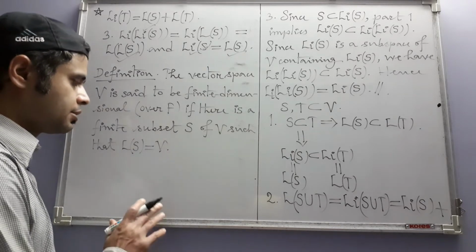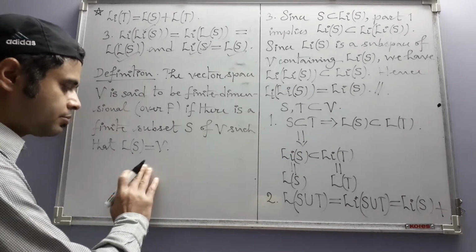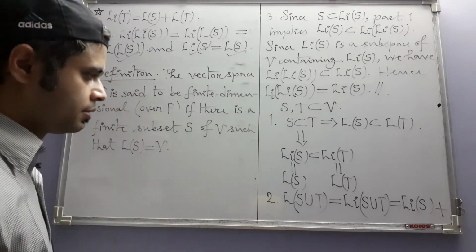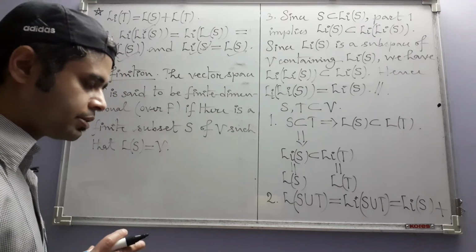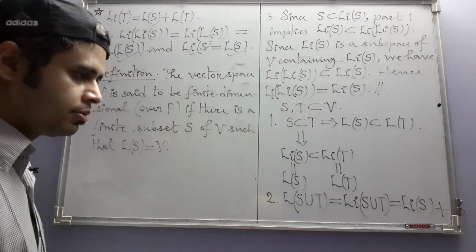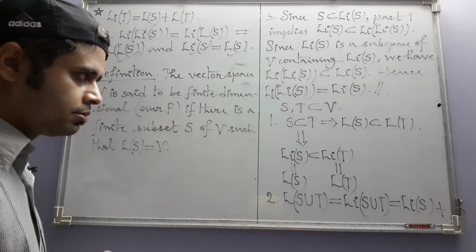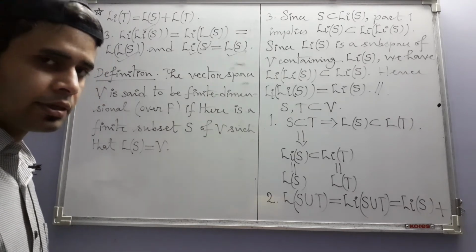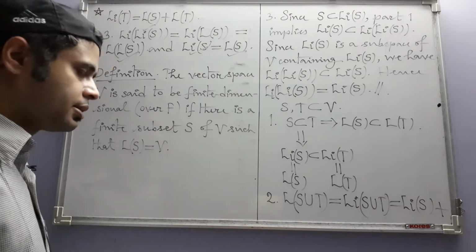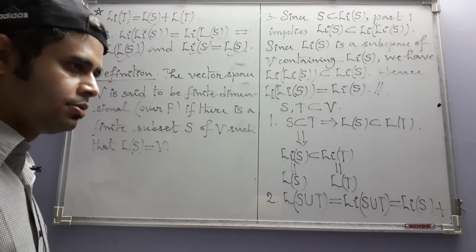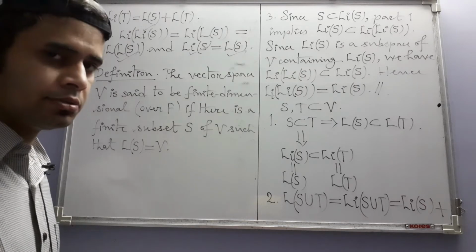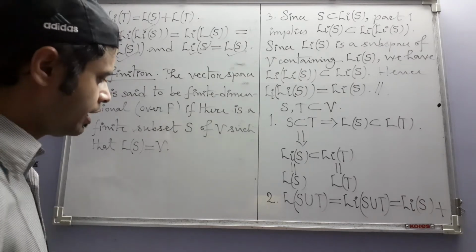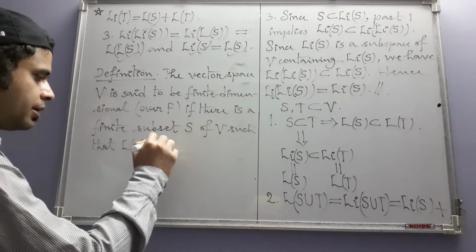It tells us, in a slightly loose manner, that a finite dimensional vector space is a space in which finitely many vectors have the power to generate the entire space. In that sense, the space is not very large and unmanageable. It is somewhat manageable. Okay, so in that sense, V is finite dimensional.